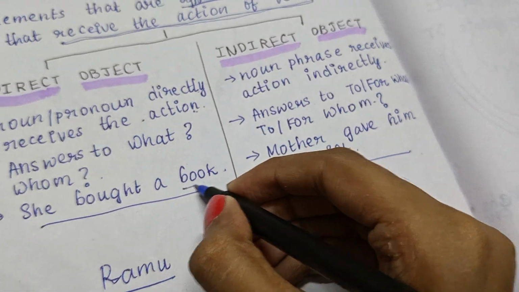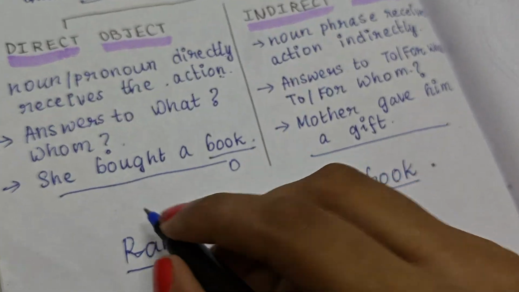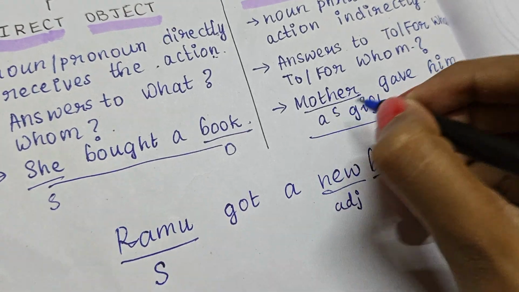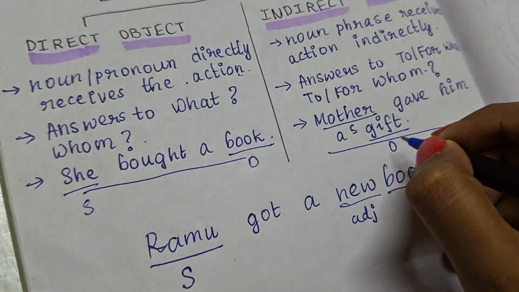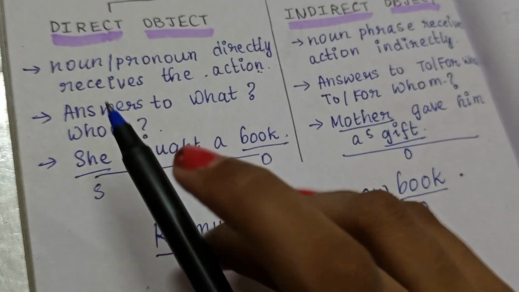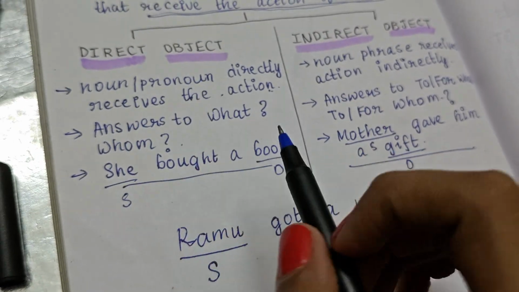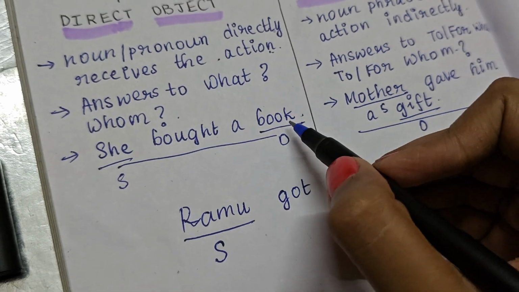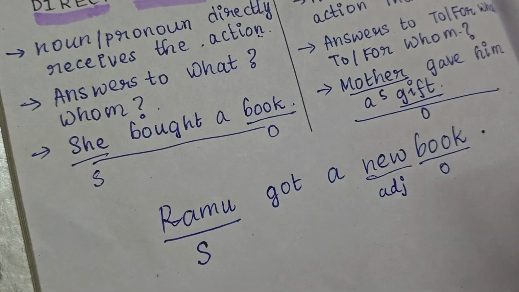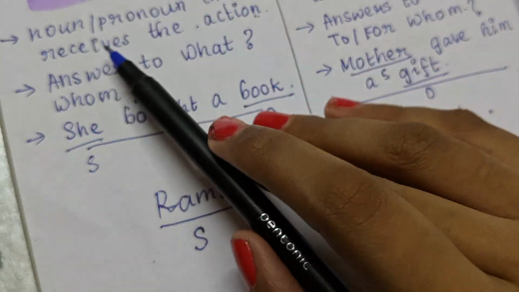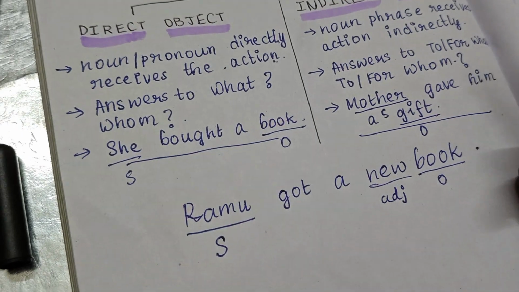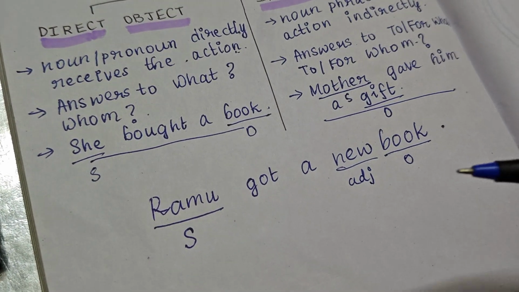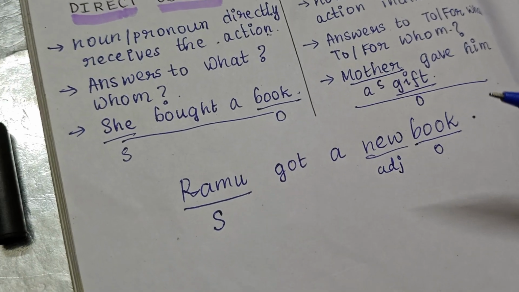Yes, you're right. Here, book is an object and she is a subject. Here, mother is a subject. Gift is an object. Now, noun or a pronoun. Here, is book a noun or pronoun? It is a noun. It is either noun or pronoun, anything. Directly receives the action. She bought a book, that's it. Who bought a book? She bought a book. She is directly getting a book. She does not get a book from him.